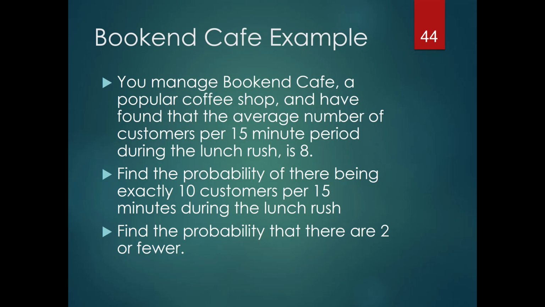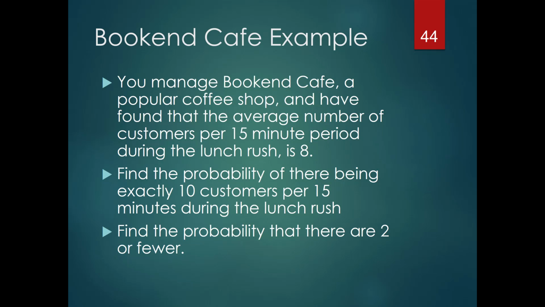Notice it says customers per 15-minute period. I'm not going to need that 15 minutes because later on what I want is the 10 customers per 15 minutes. So since the 15 minutes is in both, I don't need that 15. But notice it is a discrete thing per unit of time. So customers is a discrete variable per unit of time. So this tells me it's a Poisson problem.